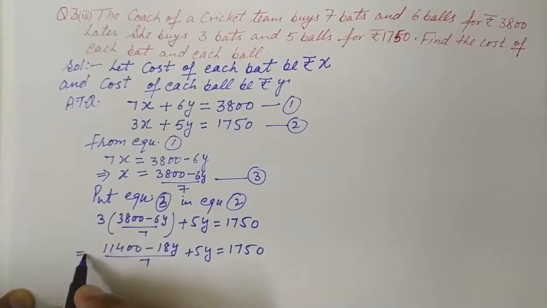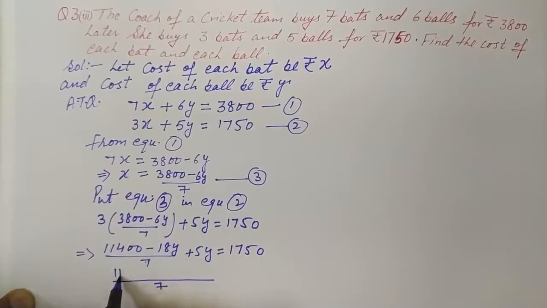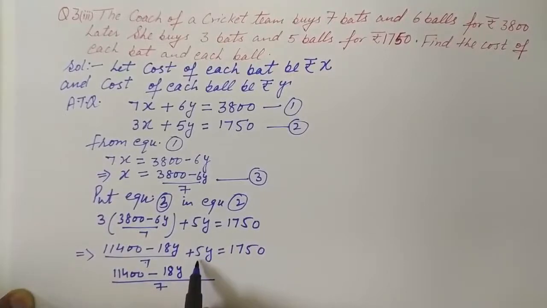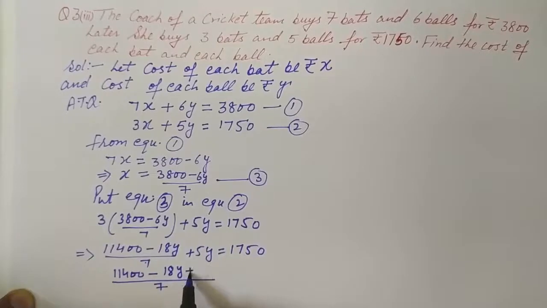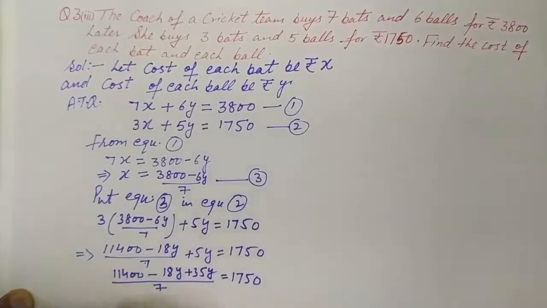Now we'll take LCM on both sides. LCM on the left hand side, so 7 is the LCM. So 7 ones are 7, so multiply with 1. It is 11,400 minus 18y. Now here 1 is there in the denominator. So 1 sevens are 7, so with 7 you multiply, it is 35y is equal to 1750.